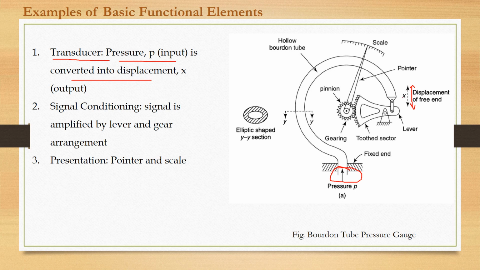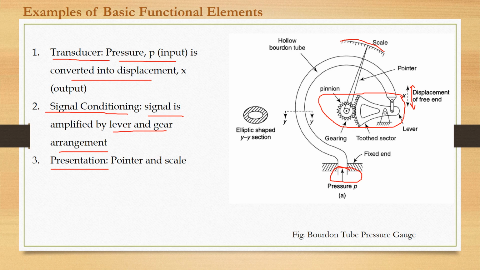Then you can see here we have some lever arrangement and gear arrangement. Now this signal is amplified here, and then further converted into some rotary motion. This is what the signal conditioning element is doing. It is amplifying the signal by lever and gear arrangement. And last is the presentation element. Here we have a pointer and some scale.